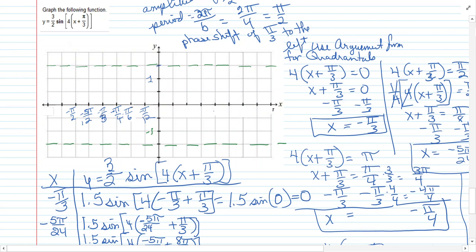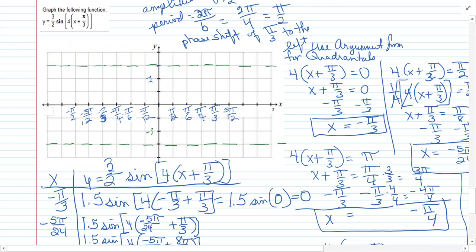I got the negative pi thirds. Good. This is positive pi 12ths, positive pi 6, positive pi 4ths, positive pi thirds, positive 5 pi 12ths. All right, here we go.